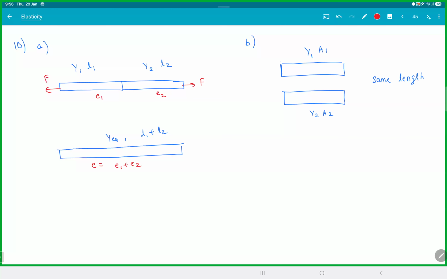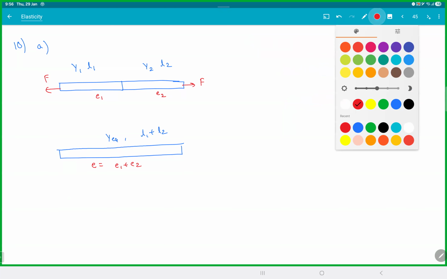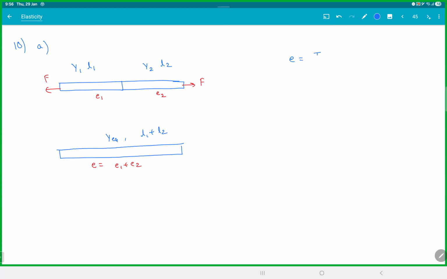So what is the formula for elongation? We know elongation formula is tension times length by AY. So E will be tension times length, which is L1 plus L2, by A times Y equivalent. Now be careful, in both the cases the tension will be the same because you're applying the same force.